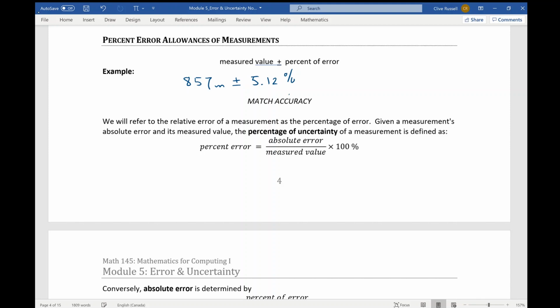Notice that we have 3 significant digits in the measured value, and in the percentage we also have 3 significant digits, so we always have to match our accuracy when we're doing percent error. So how do we calculate percent error? It's equal to the absolute error, which we already found, divided by the measured value, multiplied by 100 to change it into a percent.